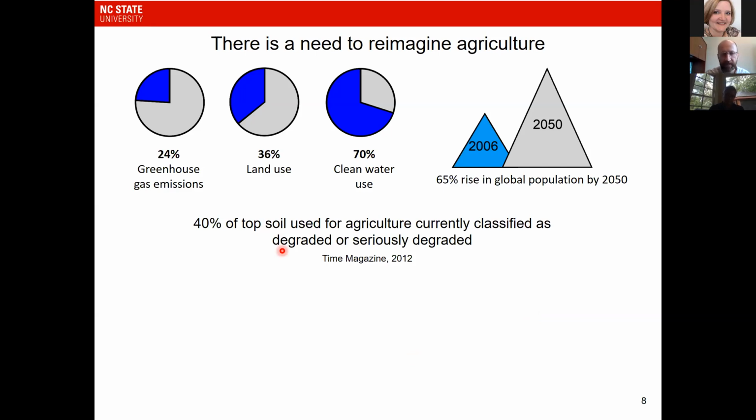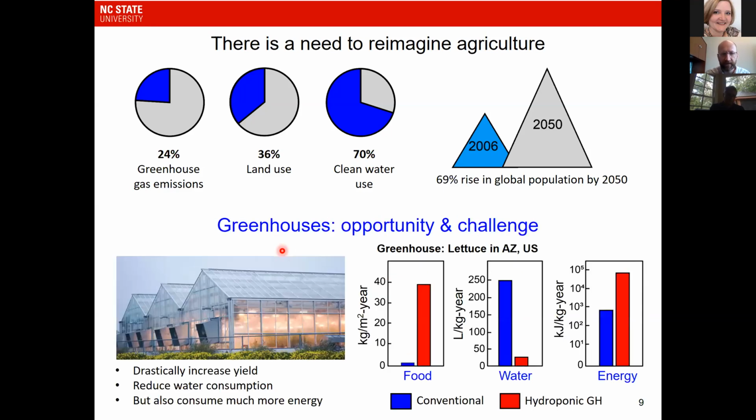And so one potential solution to that is greenhouses. If you look at an example of growing lettuce in Arizona, and you look at the kilograms of crop produced per square meter of land, there's an order of magnitude more productivity in terms of land area.